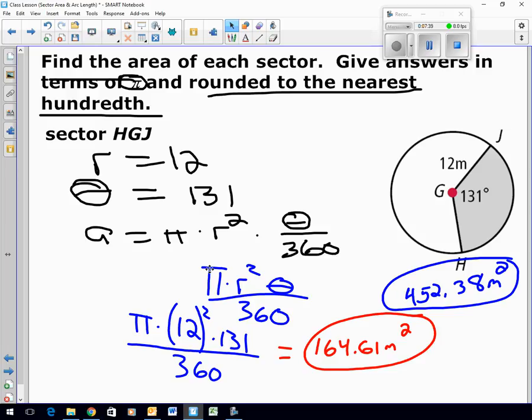Jade, when I find the area of the whole circle, how many degrees am I putting in for theta? It's a tough question. Think about it.